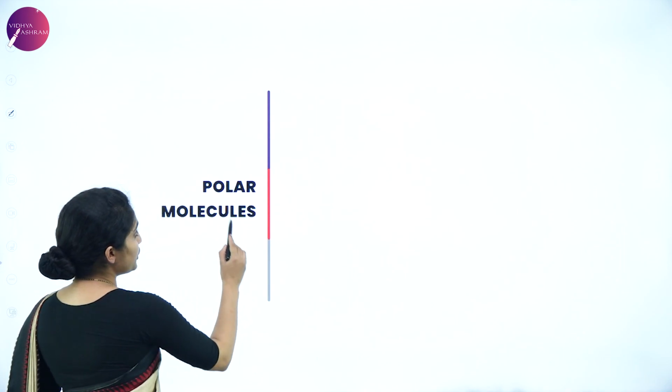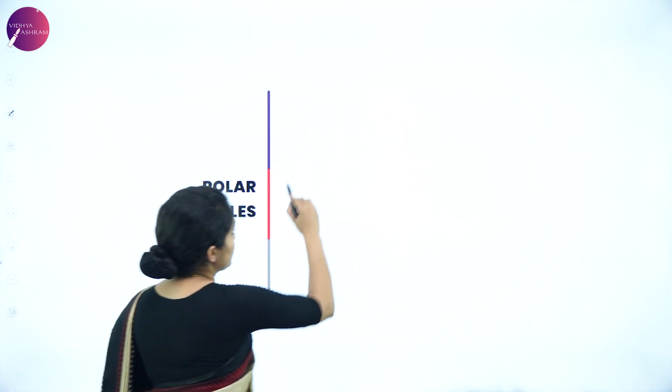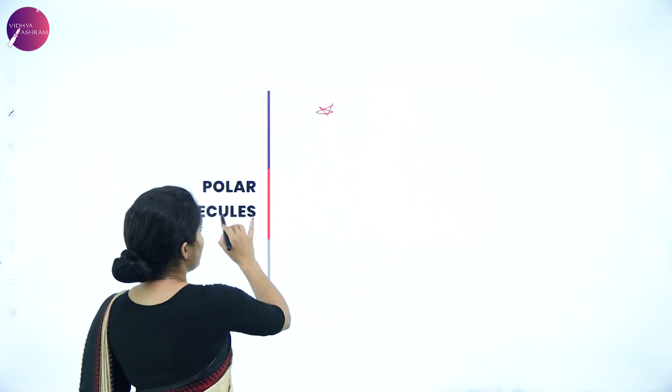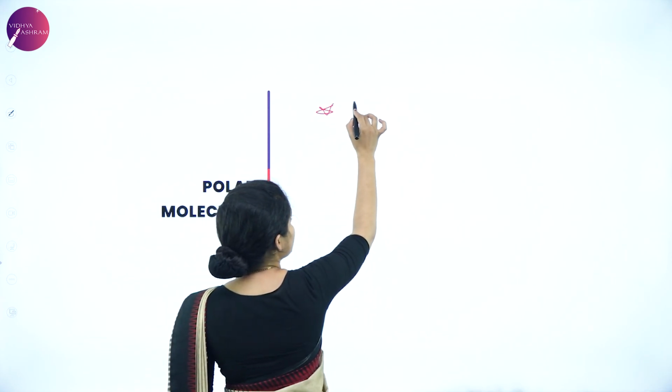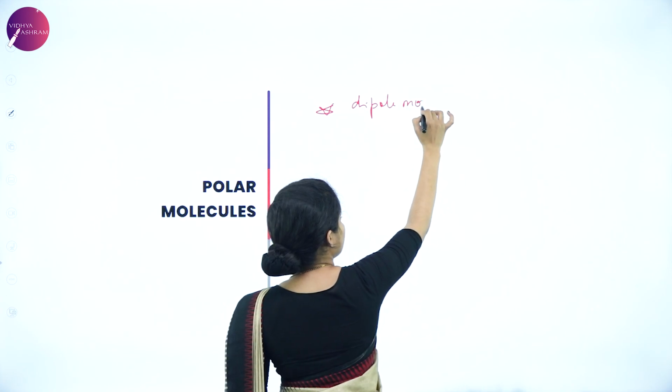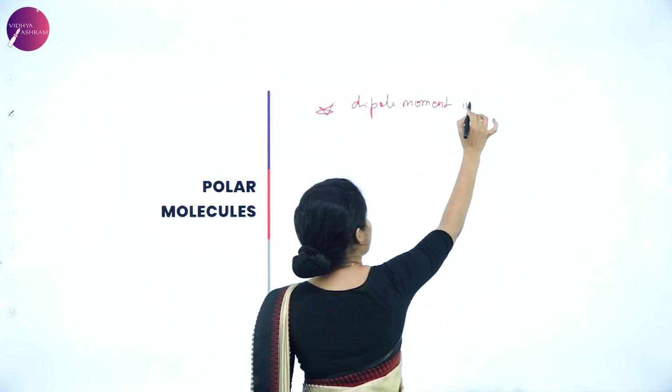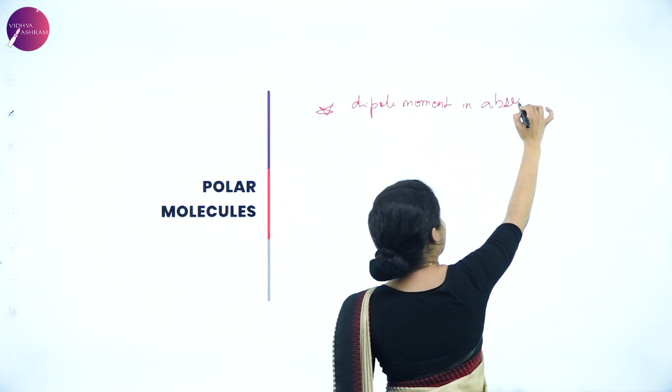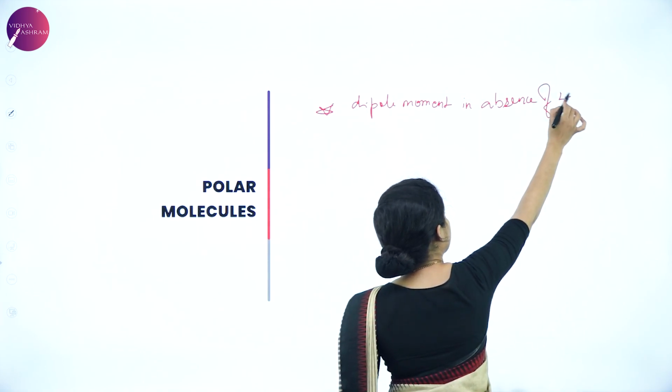So first of all, going to polar molecules. Point-wise, if you just write, polar molecules are the molecules which show a dipole moment even in the absence of an electric field.